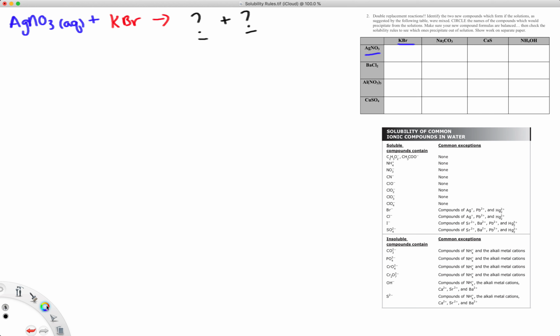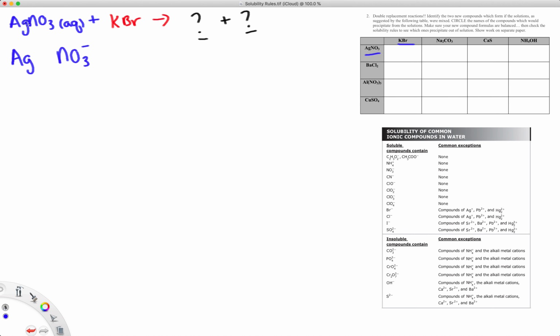The easiest way to start out is to take each one of the chemical substances you have here and break it down into the ions that make up that substance. For example, in this first one, silver nitrate, I have a silver ion and a nitrate ion. I know that nitrate has a -1 charge because I can look that up on my list of polyatomic ions, but silver is a transition metal, so I need to determine the charge on that.